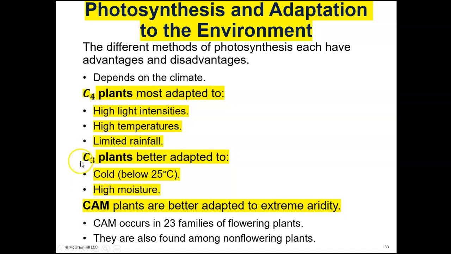And the problem that they are both designed to solve is the problem of photorespiration. Photorespiration is when oxygen rather than carbon dioxide combines with RuBP, and that will not produce food for the plant. That's a wasteful reaction called photorespiration.